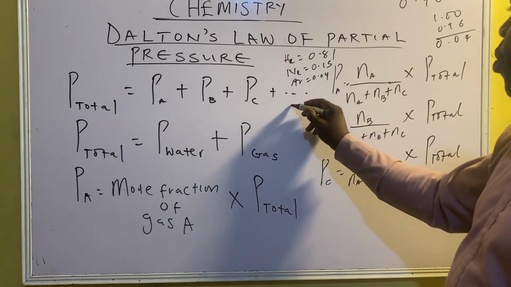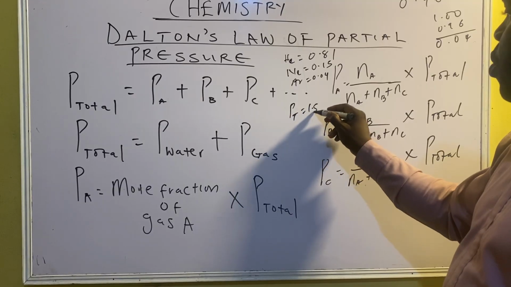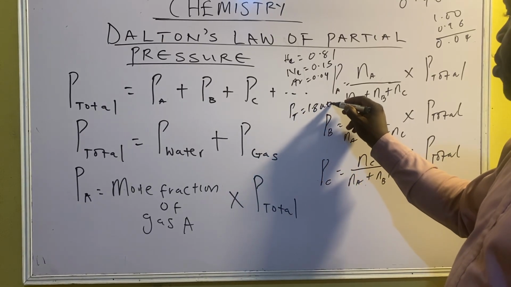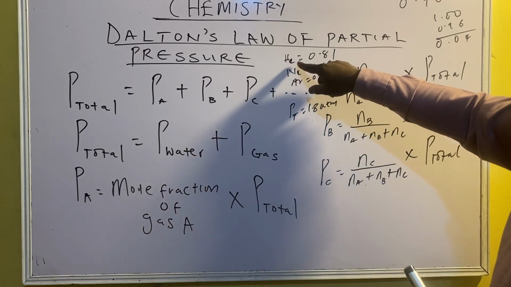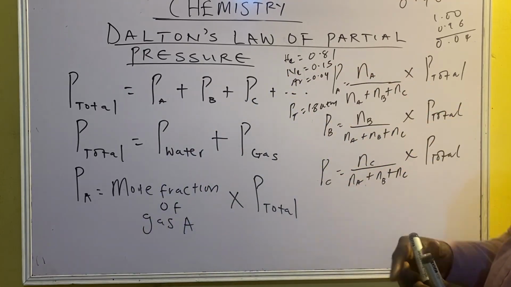And then you are given your P total to be, let's say, 1.8 ATM. And you are asked to find the partial pressure of the helium.